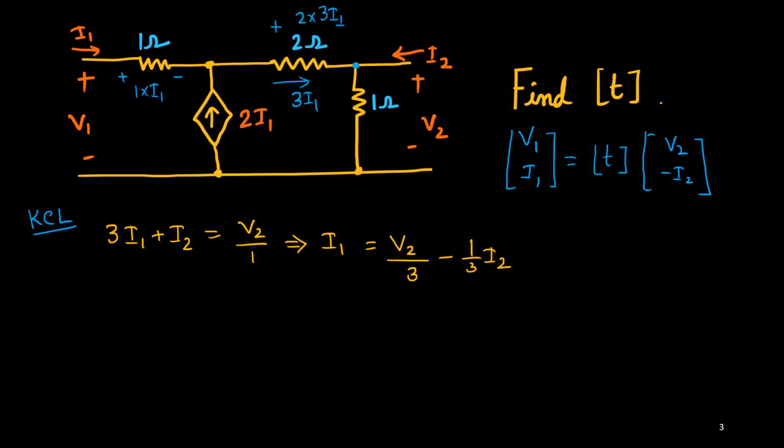If you apply KVL, Kirchhoff's voltage law, in this super mesh, what you'll get? This is your V1 voltage, minus to plus, that I'll consider as positive. Then this is the drop, so I'll consider minus 1 into I1.